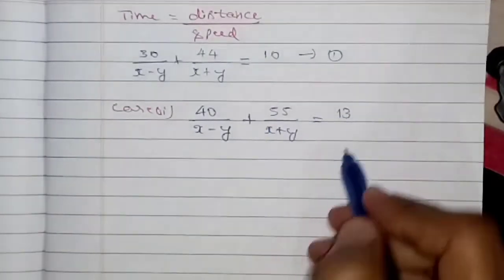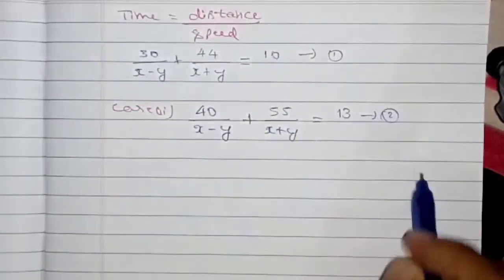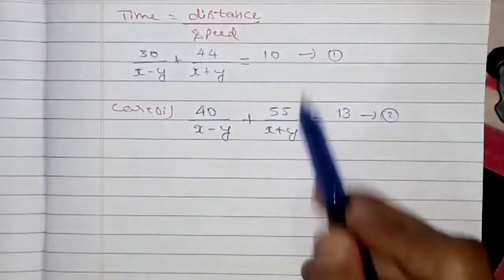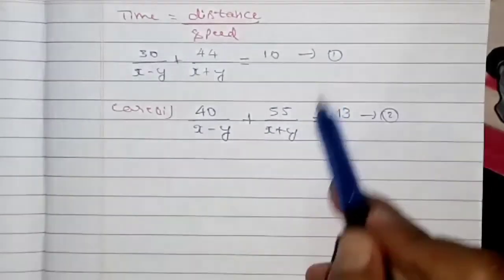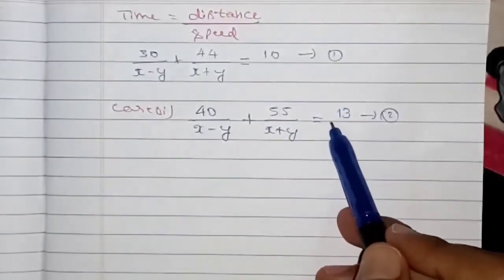And this is the second condition. By using these two conditions and simplifying them, we can find the answer, children.